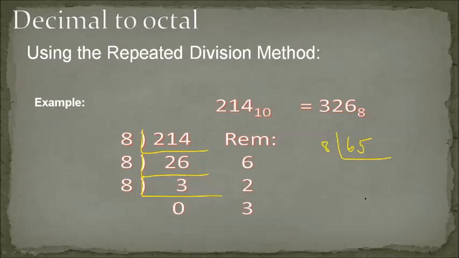How many times will it go? 8 times. 8 8s are 64, and remainder 1, and the next time it goes 1 and then 0, so you can take this as 101 again. But here this becomes different. This is not 101 decimal; here it becomes 101 base 8. Is that clear? Yes, this is the way you convert decimal to octal.